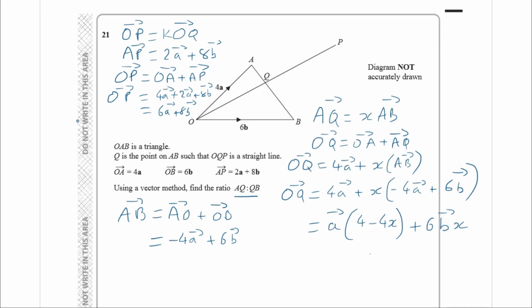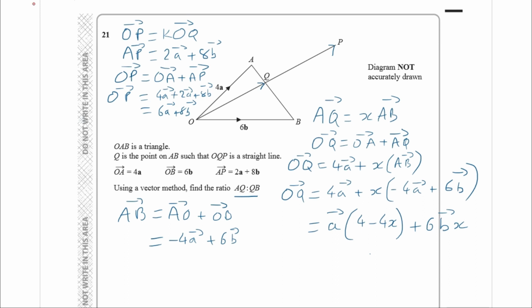And this is going to be important because remember we're looking at OQ here, from O to Q. If the vector OQ has a similar direction to the vector OP, one is a multiple of the other. And we already know that the vector AP is 2A plus 8B, and we've calculated the vector OP.